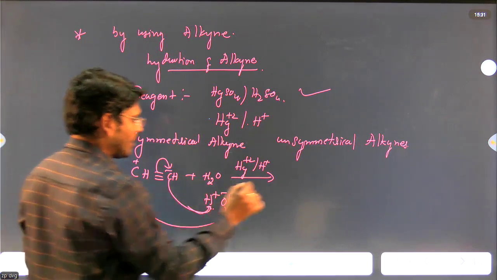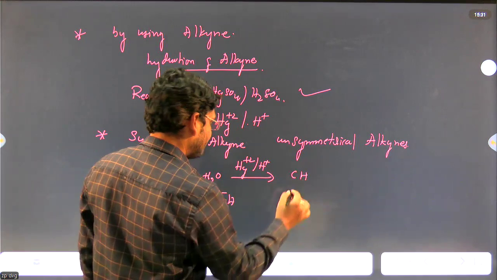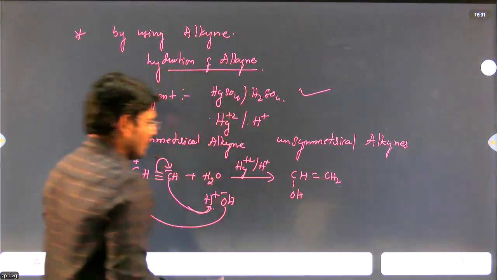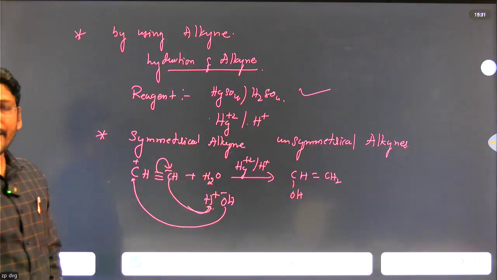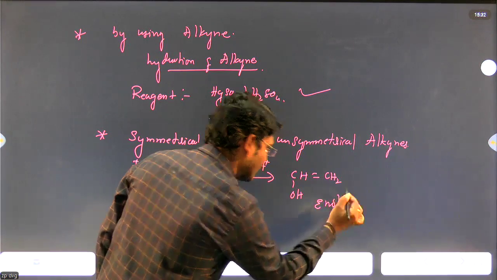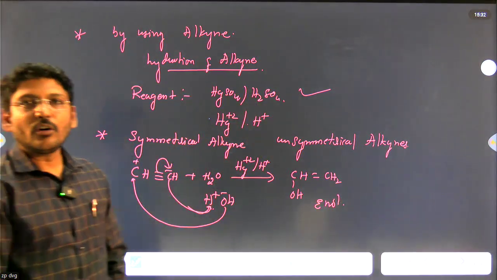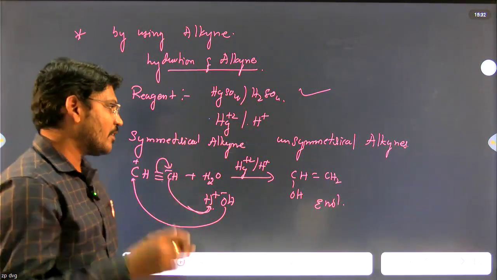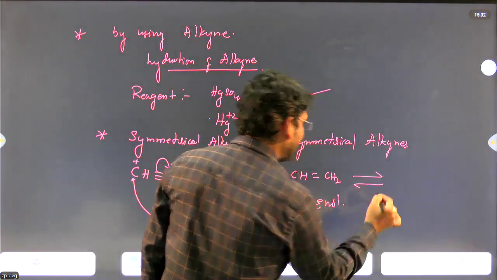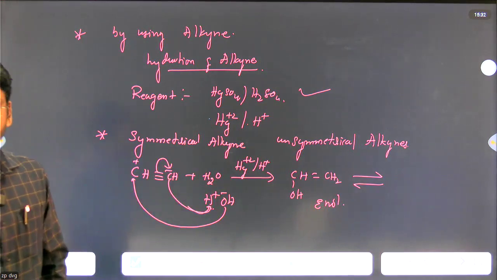Then finally we get CH with OH, double bond CH2. So when an alkyne undergoes hydration, compulsorily we get enol. Enol is nothing but a double bond containing carbon atom having an OH group. That is called enol.